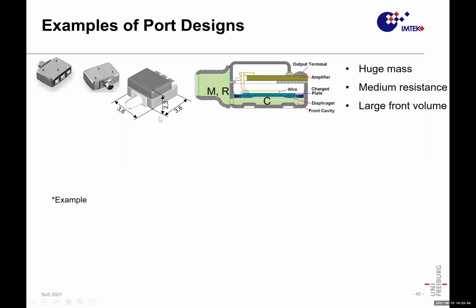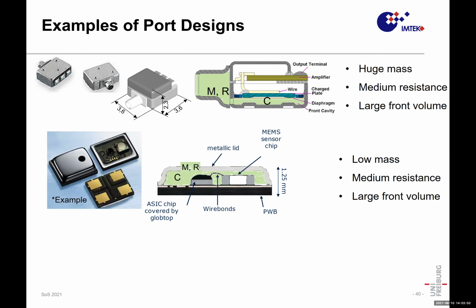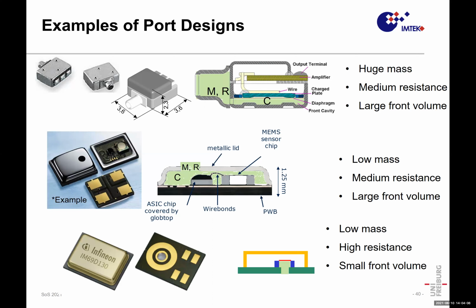And since this 4 by 4 millimeters is not too small, it's just quite a huge mass. If you compare this to the microphone that we are discussing right now, we see here the port mass is very low, the resistance is somehow higher, and the front volume is still large. So this is changing the resonance of this situation.